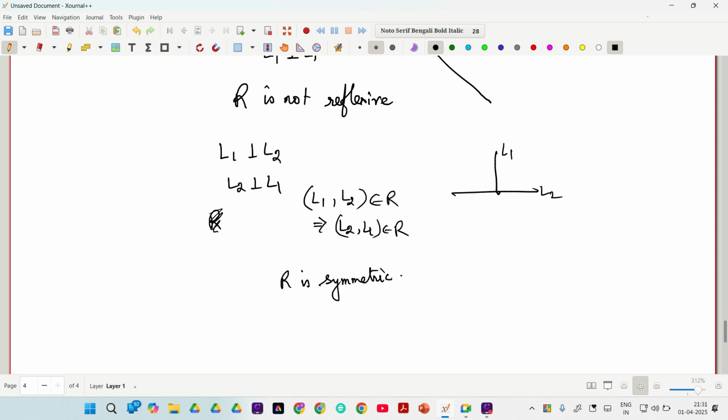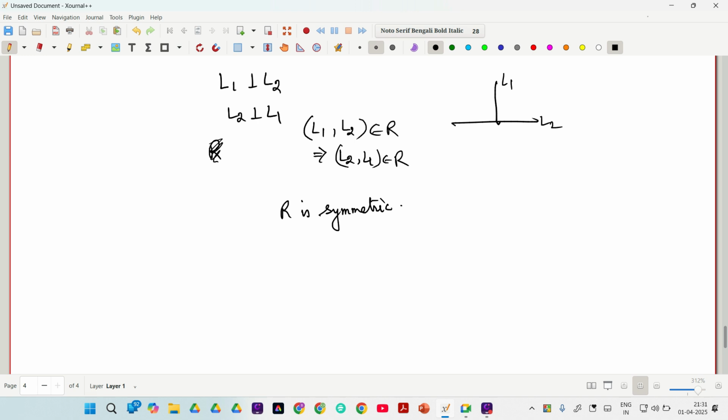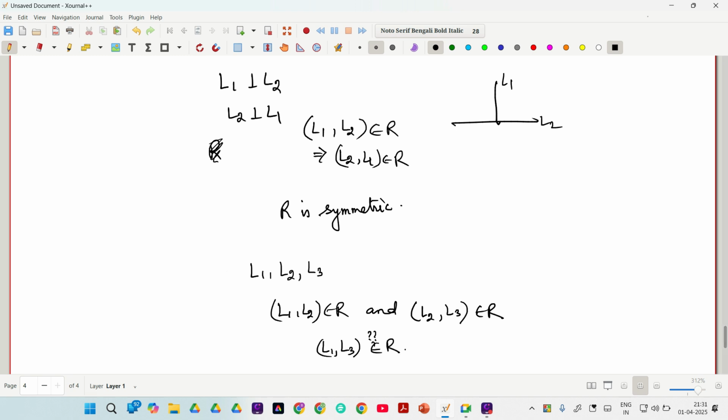Okay. Now check whether R is transitive or not. Now I am taking L1, L2 and L3. (L1, L2) belongs to R and (L2, L3) belongs to R. Is (L1, L3) belonging to R or not? Check.